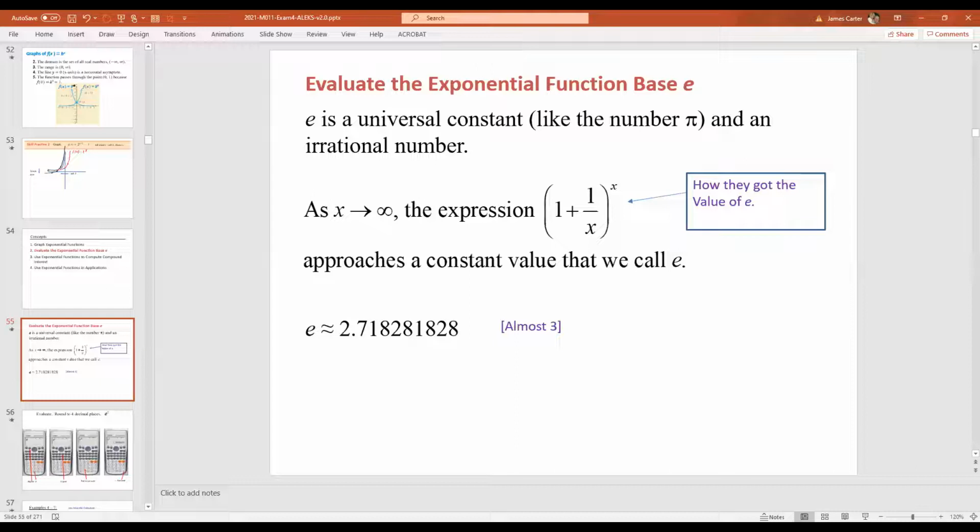And they got it by using the compounding interest formula, basically. Now, it works out to be 2.718. You need to memorize that 2.718, okay? Because you will have to substitute it into some problems. Either that or use your calculator.